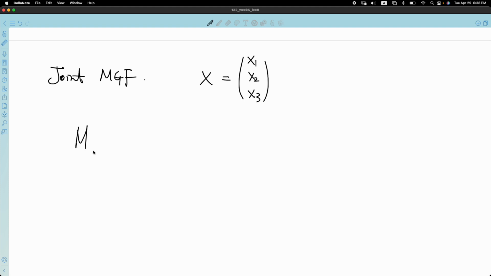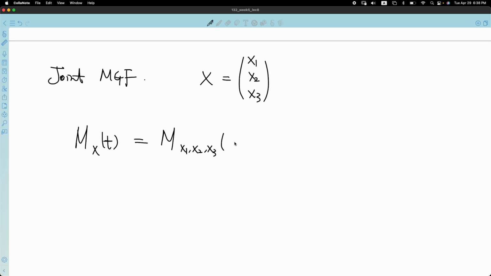So here, the moment generating function for x and t, and you can also write it as m of x1, x2, and x3. This is saying this is a multivariate random variable. It consists of 3 variables, x1, x2, and x3.